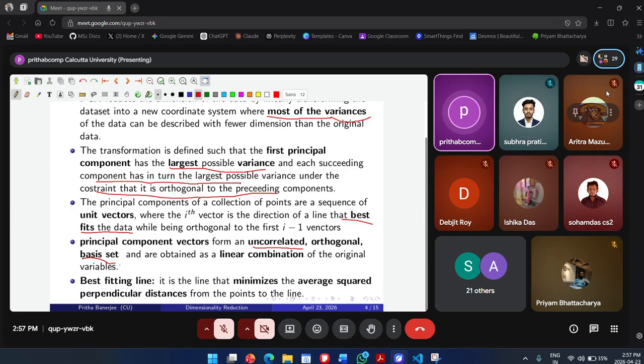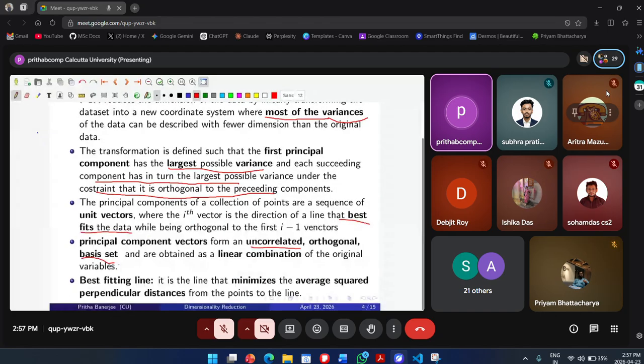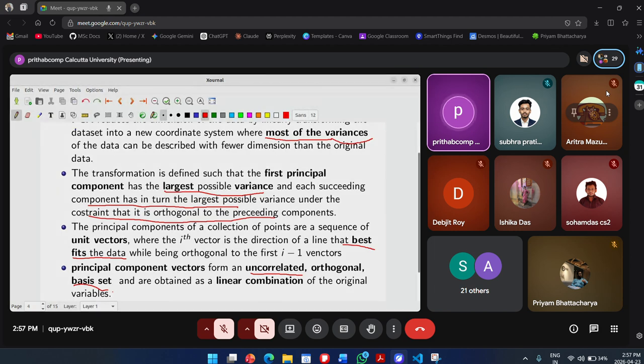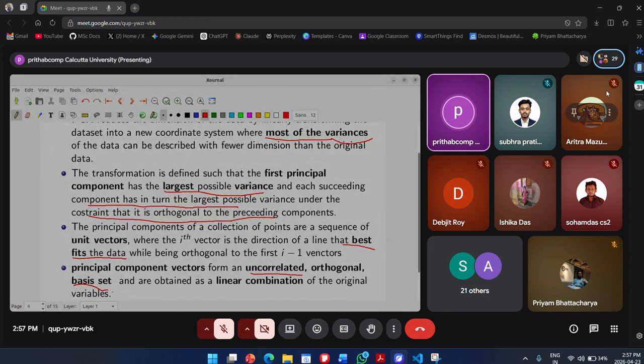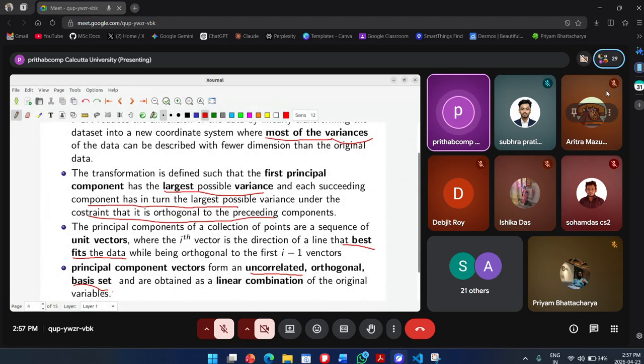I could not draw the diagram earlier, but maybe I can show it over here. Suppose you have this line.